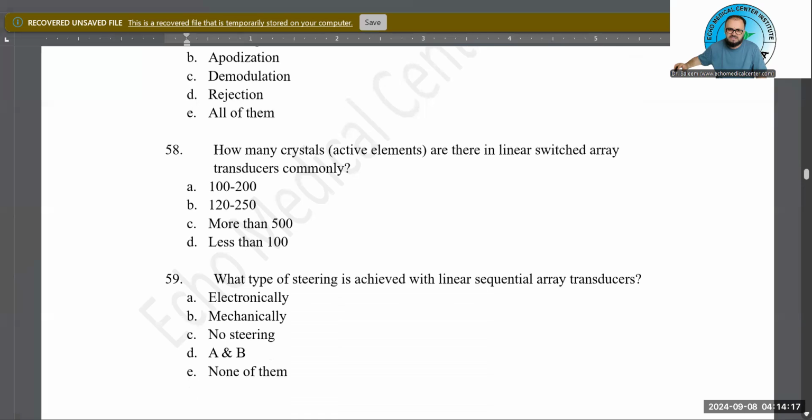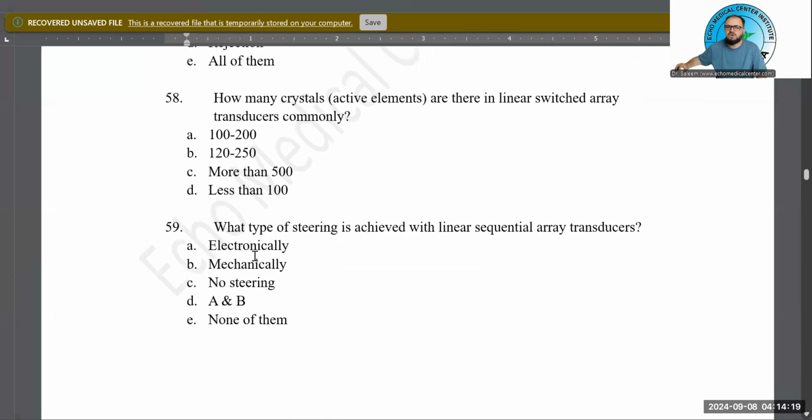The question is asking what type of steering is achieved with a linear sequential array transducer? So steering, remember, what do you think? Is it electronic steering? Is it mechanical steering? Is it no steering at all? Or is it A and B, electronic and mechanical, both of them correct, or E, none of the above?